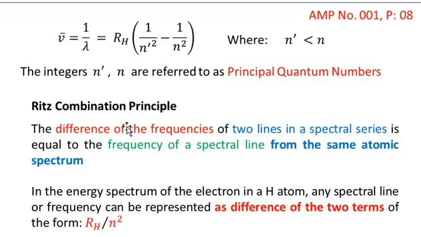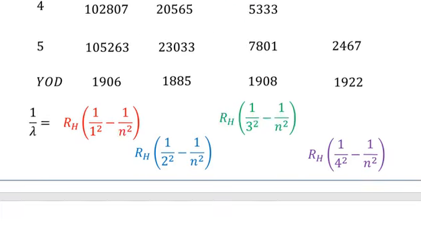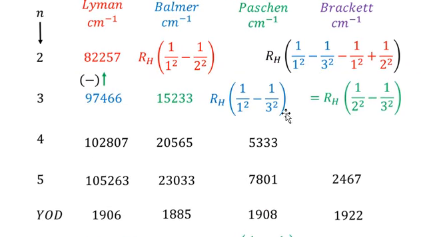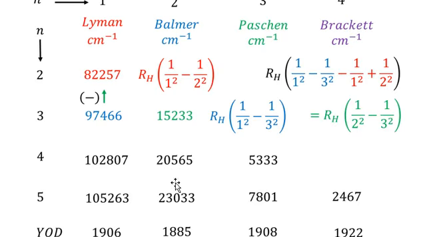Now you see that I have also slightly explained the Ritz combination principle while explaining that the difference between any two consecutive wavelengths can be used to generate a wavelength in the next series. It means that subtraction of any two can be used in the generation of a wavelength in the next series.